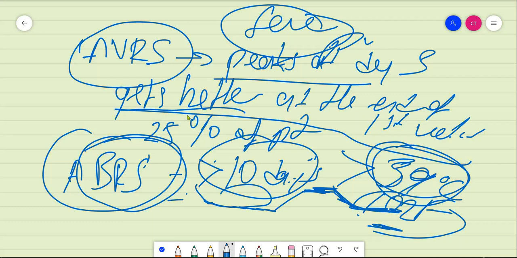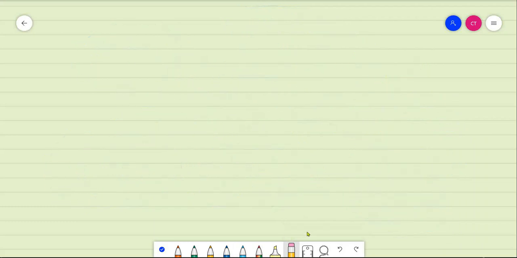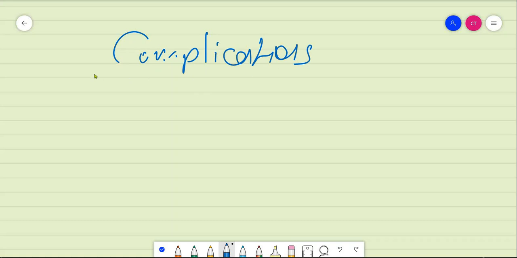So what are the possible complications we should technically know? There are some complications that need urgent intervention and urgent referral.